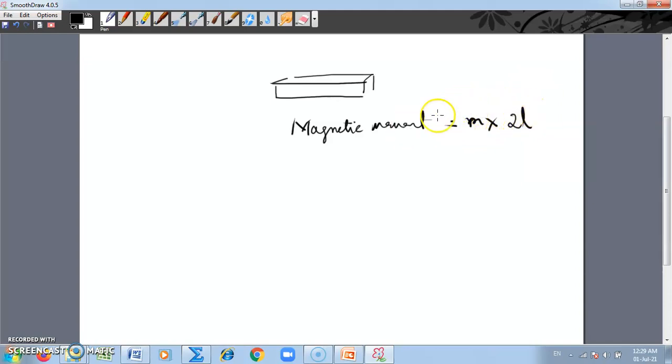And if this is a very short magnet, then we call it a dipole. In that case, we call this the dipole moment. So this is quite an important physical quantity, and this can be measured experimentally.